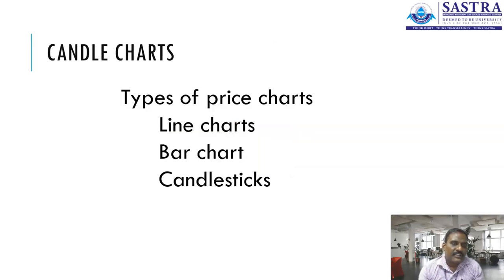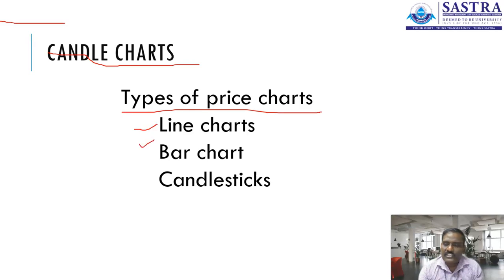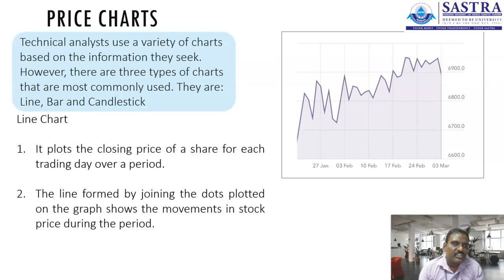The next topic is the different types of charts. Price charts are used to predict price movement in the market, and we can classify the charts into the line chart, bar chart and candlestick chart. The first one is the price chart. Technical analysis uses a variety of charts based on the information that they seek.